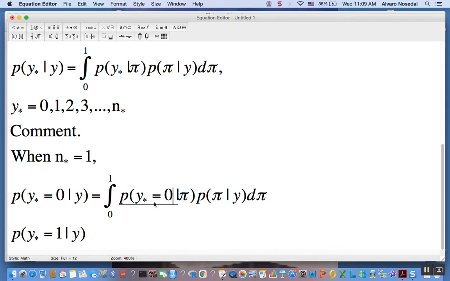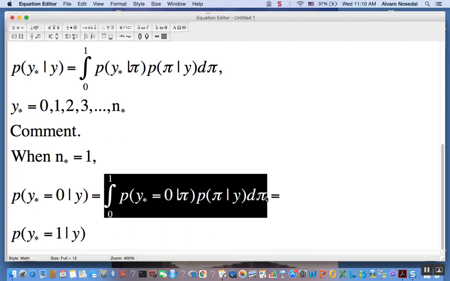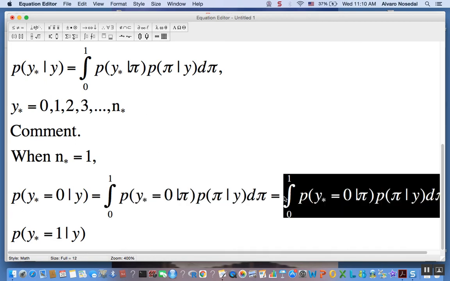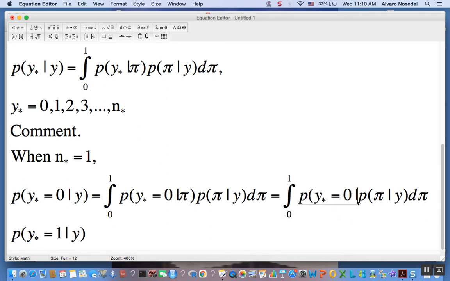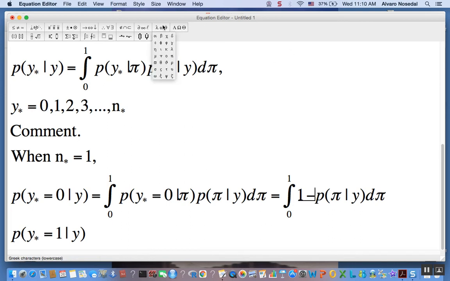So the probability of seeing this would be 1 minus pi, right? So it would be 1 minus pi.